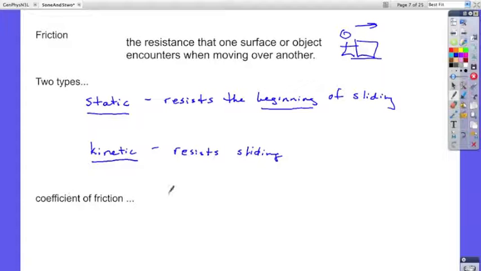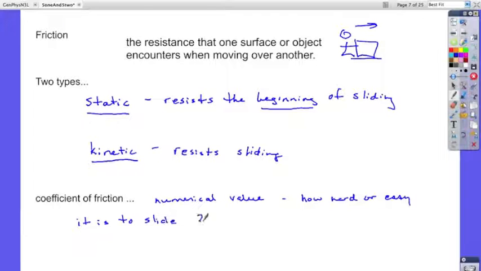A coefficient of friction is a numerical value that describes how hard or easy it is to slide two materials against each other.